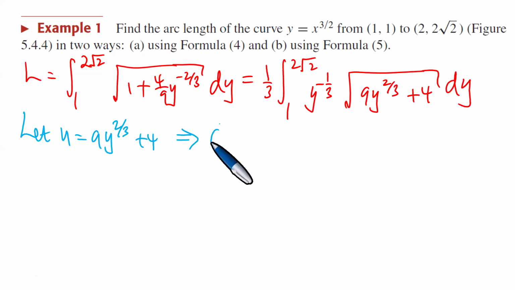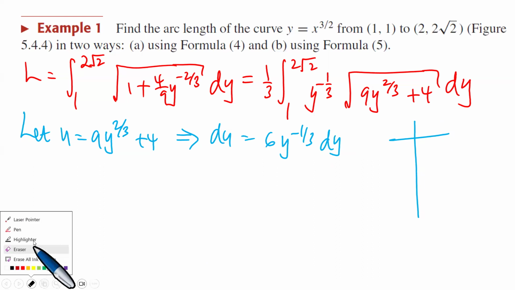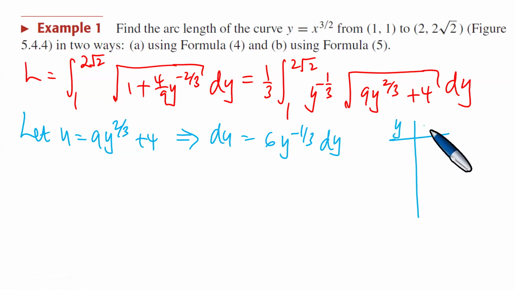Then the derivative, which is 18 out of 3, 6, y to the power 2/3 minus 1, you get minus 1/3, dy. Change of variables. We are changing right now from the variable y to the variable u, because u is our new variable.